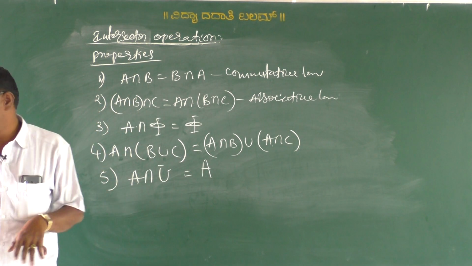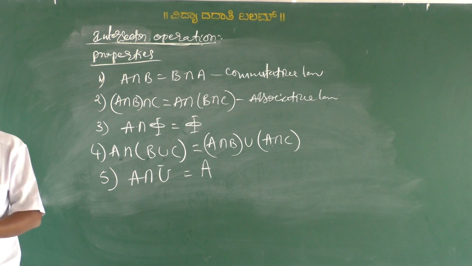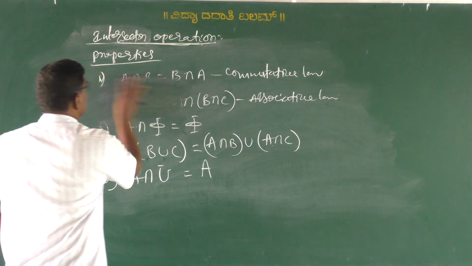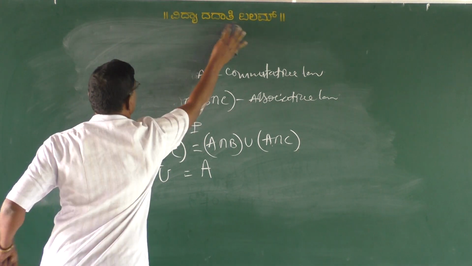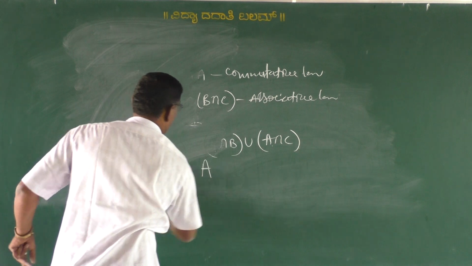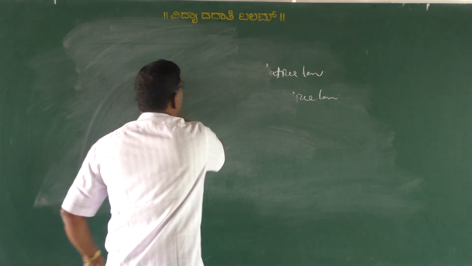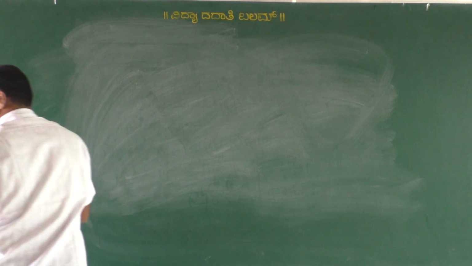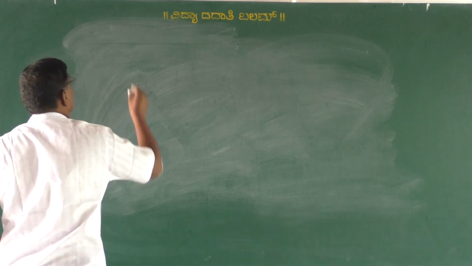These are some of the properties of the intersection of two or more than two sets, my dear students. Now we have to move to another operation, what we call the difference of two sets.